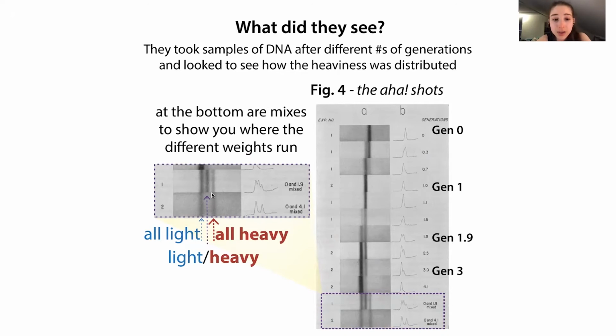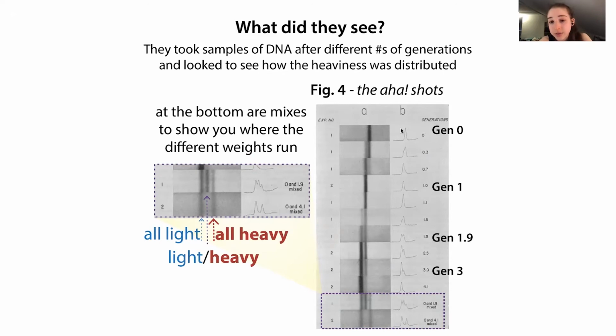If you had all heavy, you would have a single band here. And if you had half light and half heavy, you would have a band in the middle. I say they're controls, but they're actually coming from their different generations, mixes of them to show you where the different ones run.